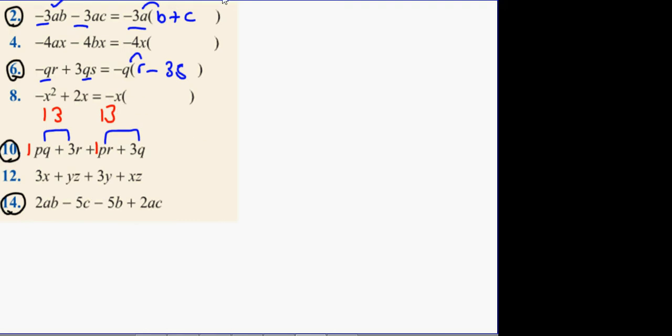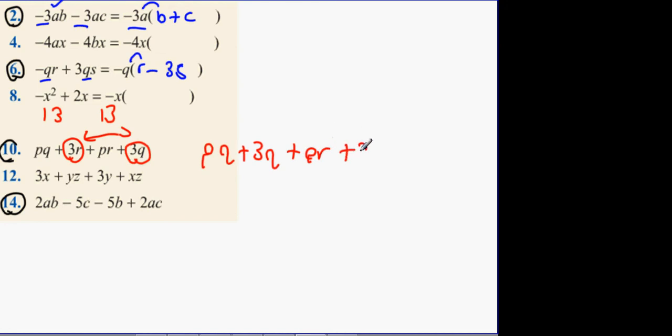The only problem is that 3r and pq have nothing in common, so what we're going to do is change this around. Change the 3r with the 3q. So you're going to get pq plus 3q plus pr plus 3r.